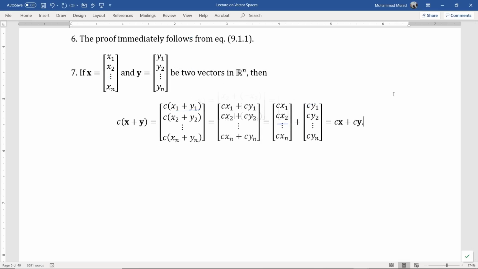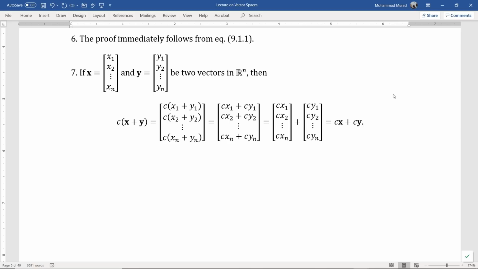The proof of property 6 immediately follows from equation 9.1.1. Property 7.